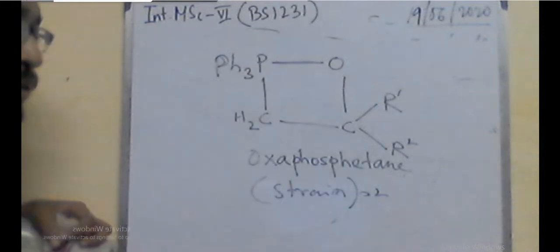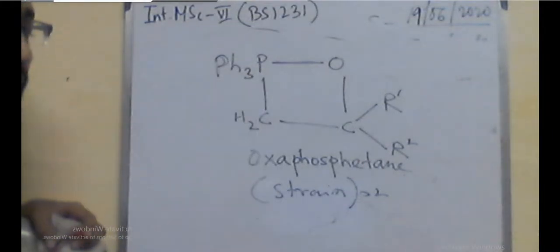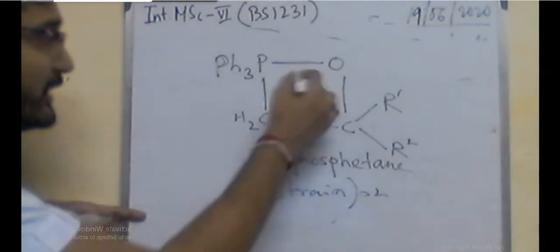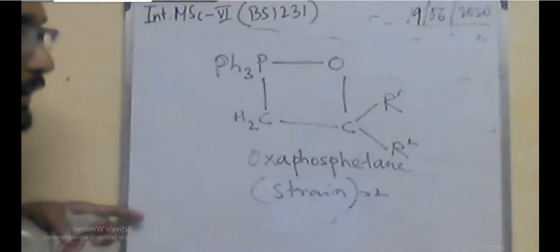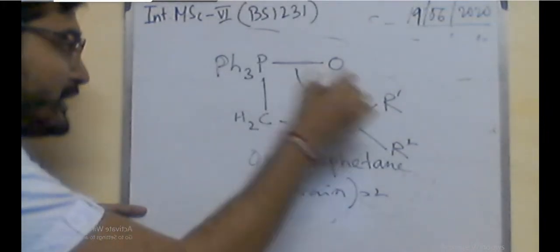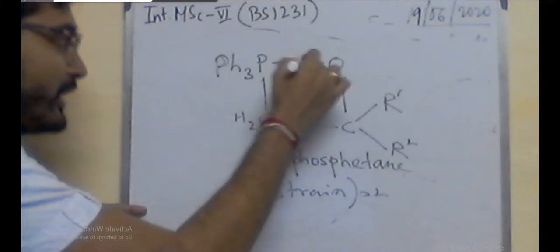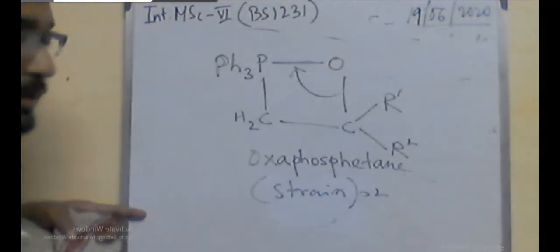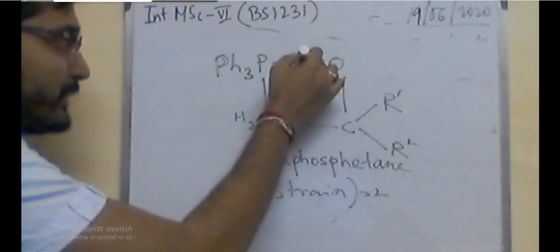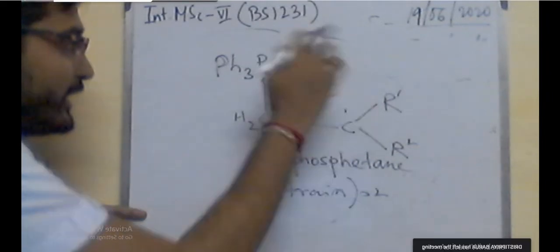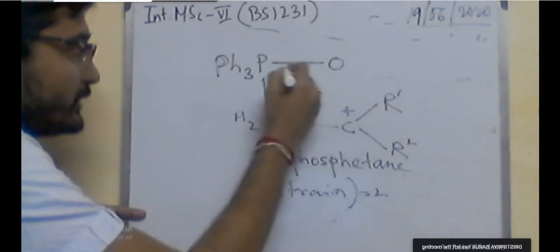So in this case you have to break the ring. Either this bonding electron will be shifted here to form the phosphorus oxygen double bond. So when it is shifted here, it will generate plus minus, that means formation of the double bond here.